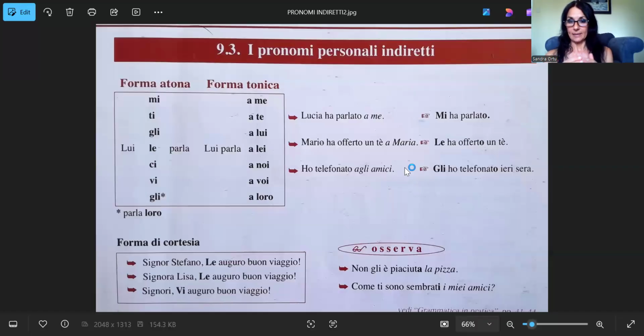For example, in Italian, we say, I phoned to someone. And that's why in Italian, we need the indirect object pronoun. However, in English, the type of verb is different. You say, I phoned someone. So in English, you need a direct object pronoun. So that is one of the little traps where you can fall easily.